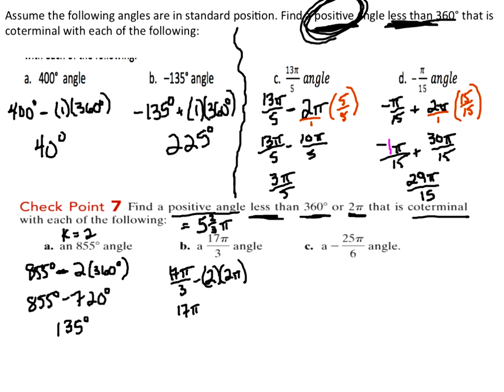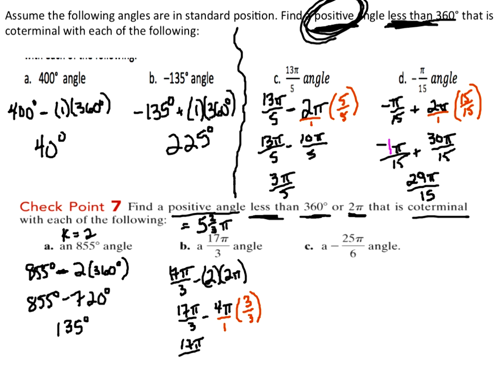So that's 17 pi over 3 minus 4 pi, and that's 4 pi over 1. I need to get my common denominator, so my magical form of the number 1 there is 3 over 3.